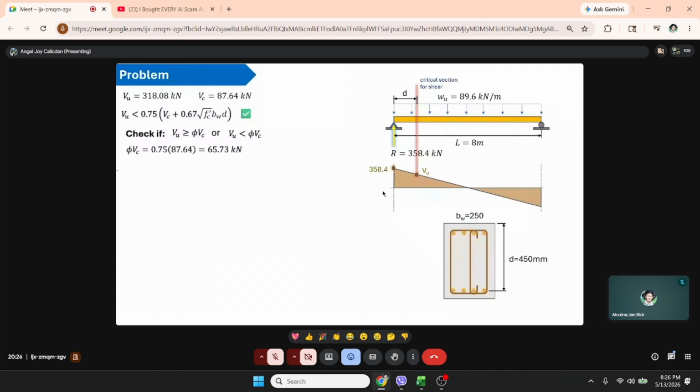So, VC is phi, 0.75 for shear, times the VC we got, 87.64. So, phi VC is 65.73 kilonewton. And VU is larger. Therefore, the formula is also applicable. VS equals VU over phi minus VC.